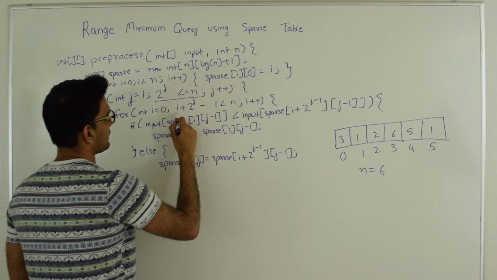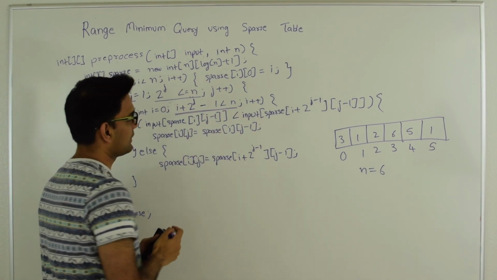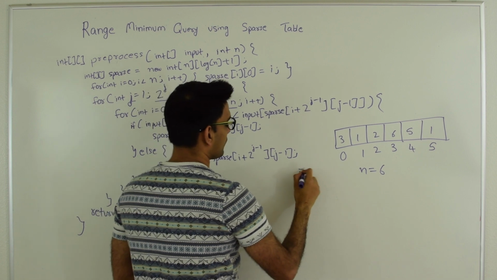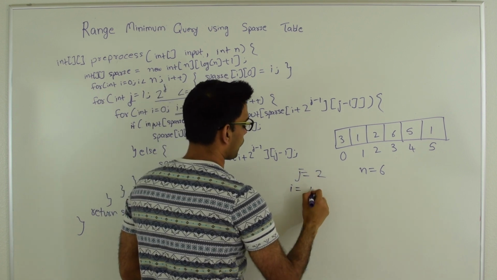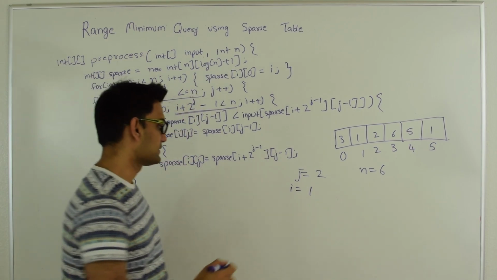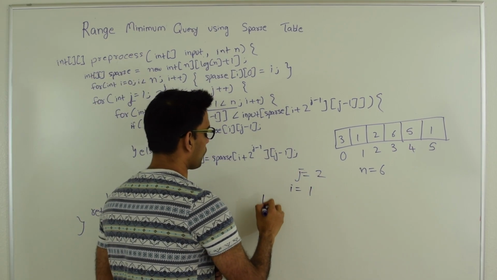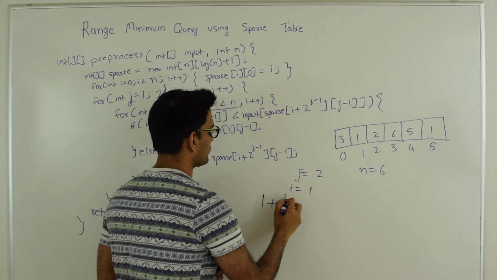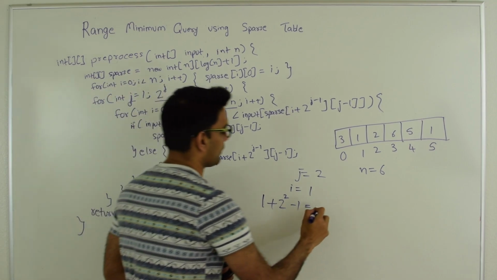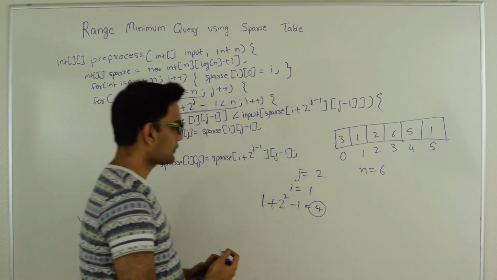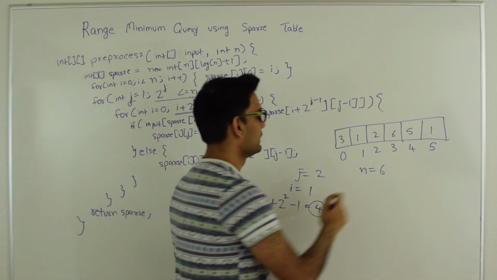So what is this condition here? i plus 2 raised to j minus 1 is less than n. So for example, if the value of j was 2 and the value of i is say 1, in this case we should be executing this. Why? Because 1 plus 2 raised to 2 minus 1, so this value is 4. So 4 is less than the size, less than 6, so it's okay.